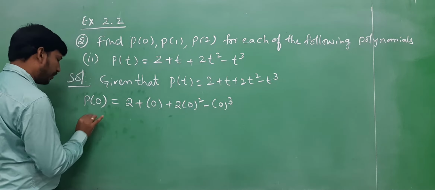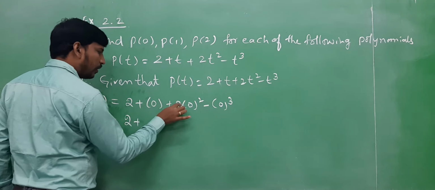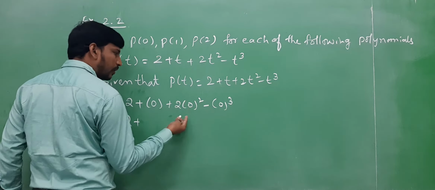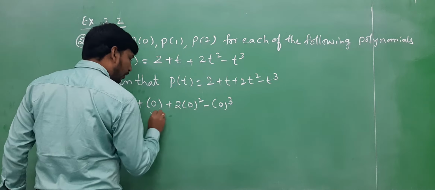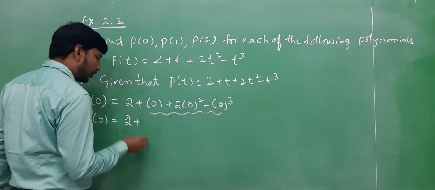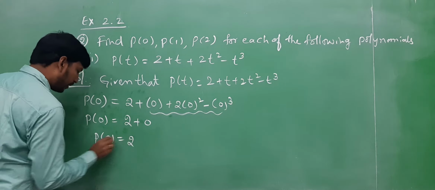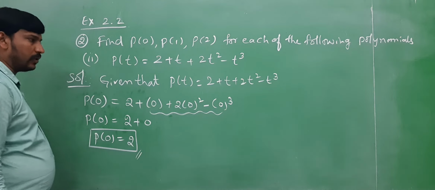So P of 0 is equal to 2 plus 0, 2 into 0 square. 0 square is 0, 0 into 2 is 0. 0 cube is 0, 0 minus 0 is 0. So all these terms will become 0 only. So now P of 0 is equal to 2 here. This is the first value. Therefore P of 0 equal to 2.